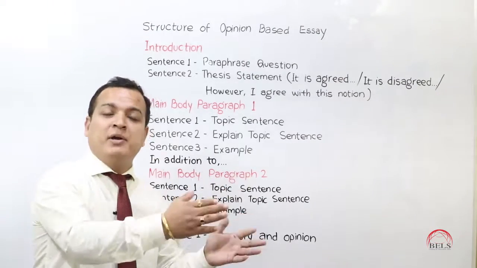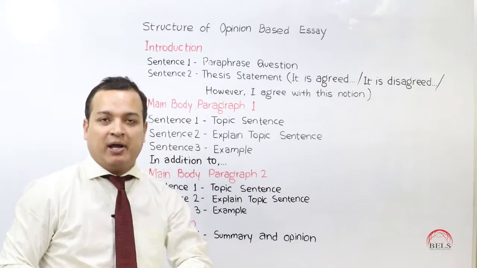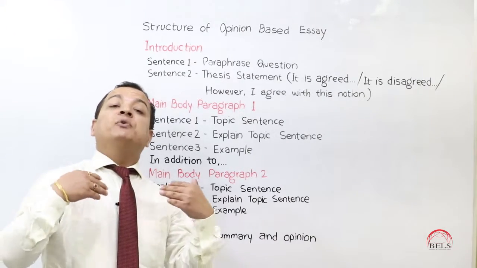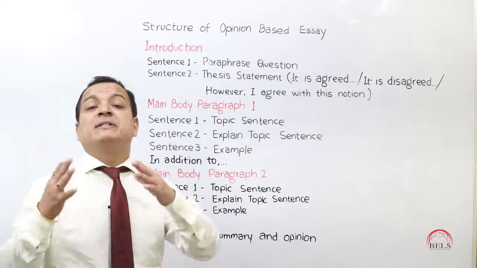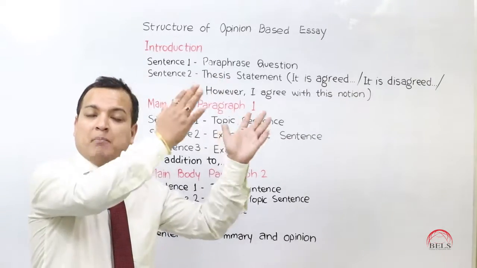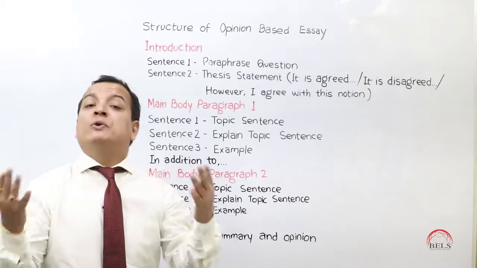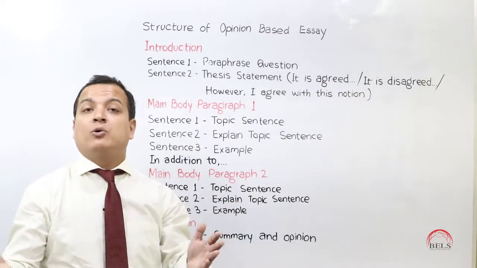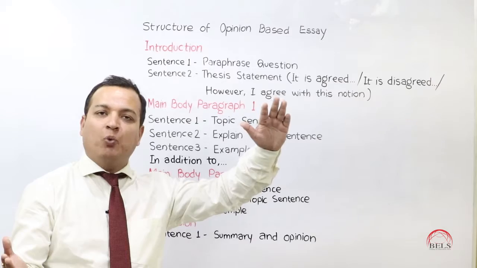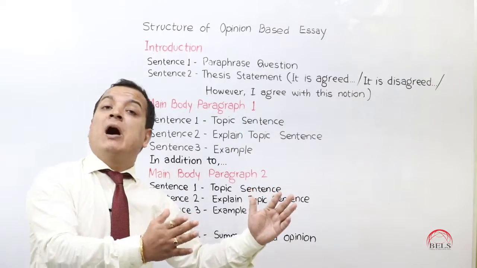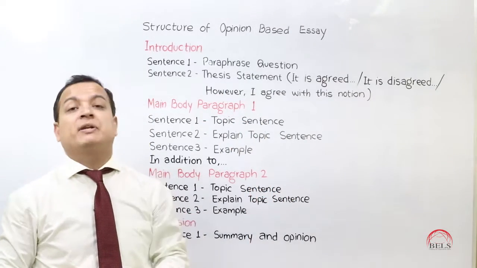Why you agree, first point, second point, you can go ahead like this. And if you say I disagree with this notion, the complete body paragraph will be the disagree part then. And you can also go for both side view, partial accord. So half body paragraph 1 will be agree part, half body para 2 will be disagree part.